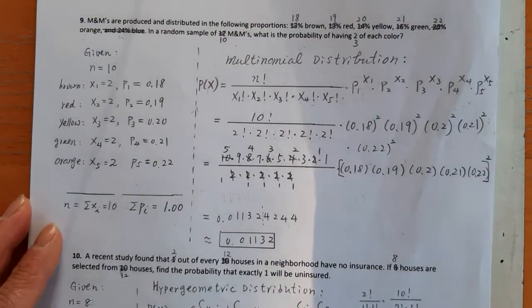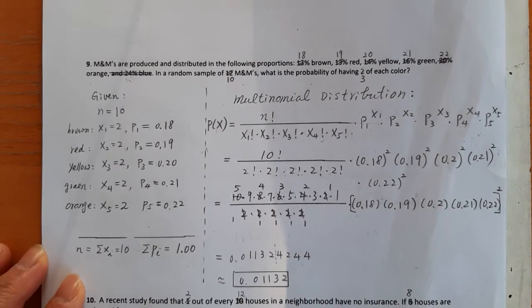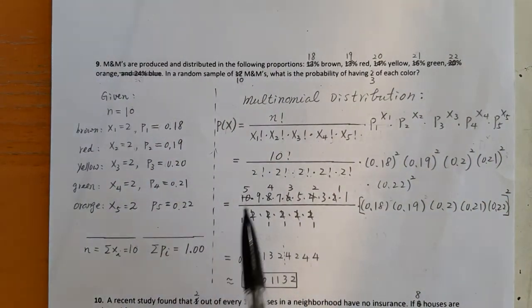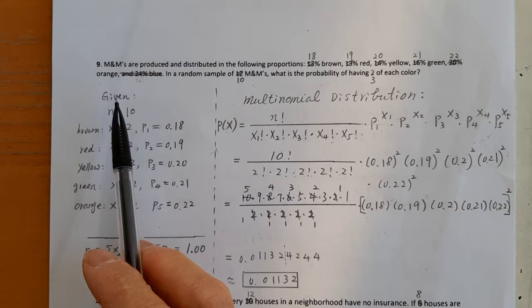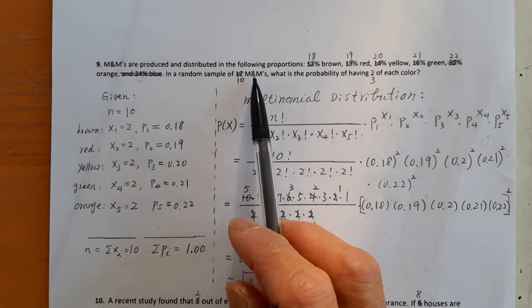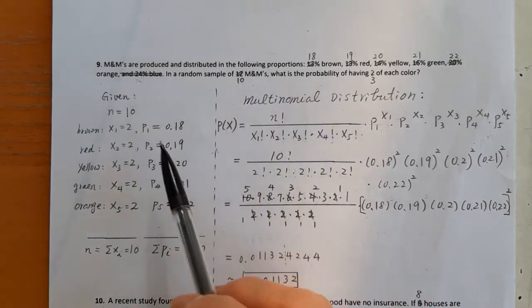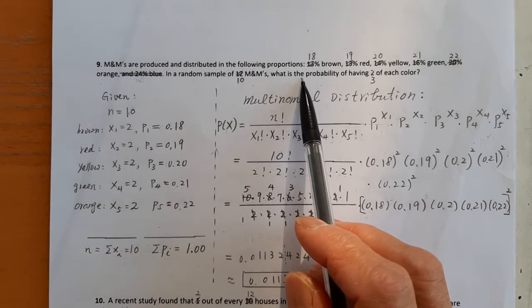For this question, first of all, we figure out what is given: in total, n equals 10.